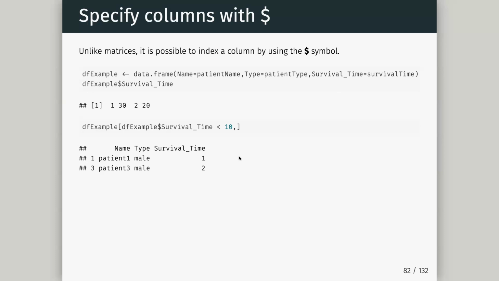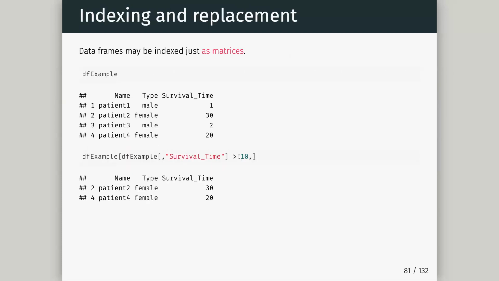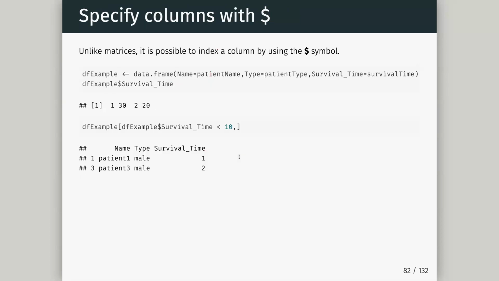A really nice feature about data frames, though, is that R is going to do some autocomplete for you. If you have really long column names, as long as the column name is unique enough, if you do dollar and S-U-R-V, there is no other column name we have which is close to that. If I had, I don't know, swim time or something, I would need more than an S. I would need to put the U there.